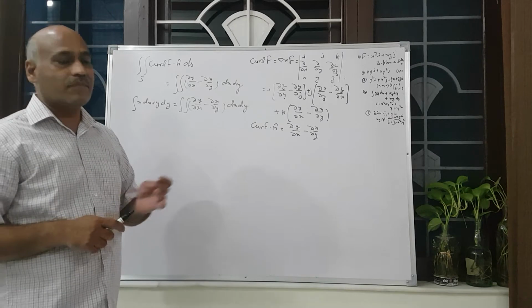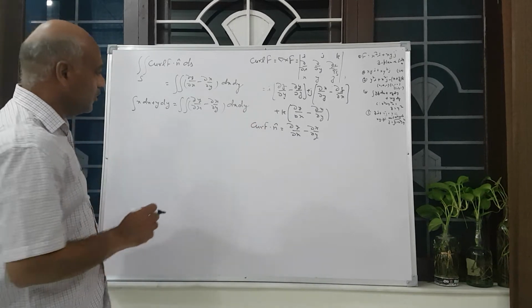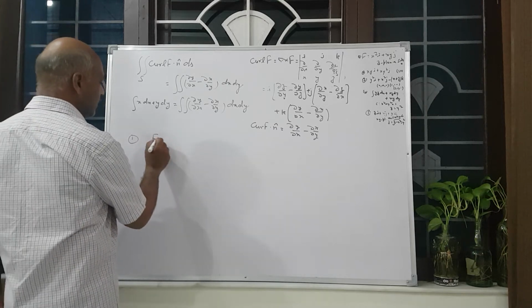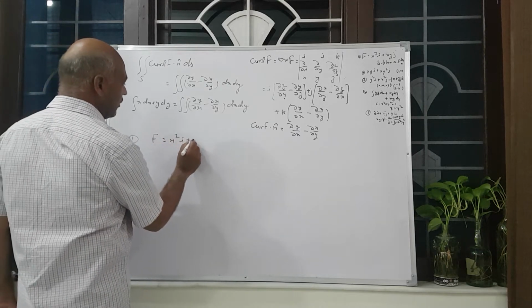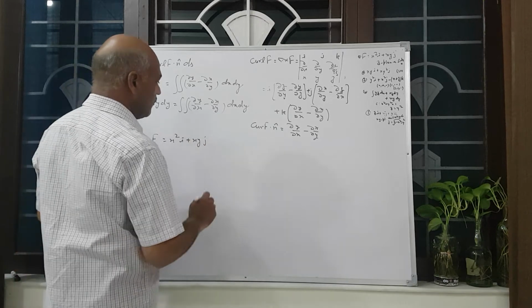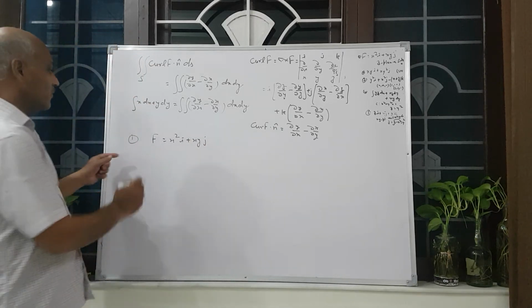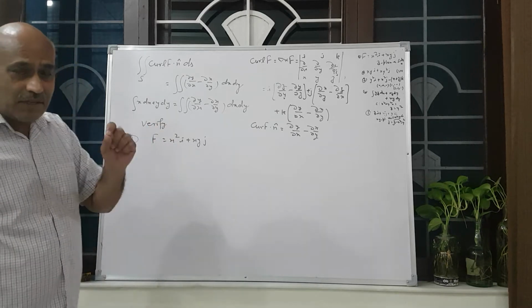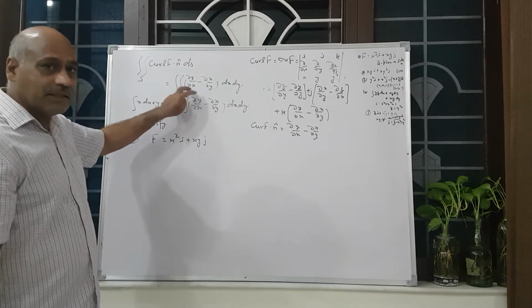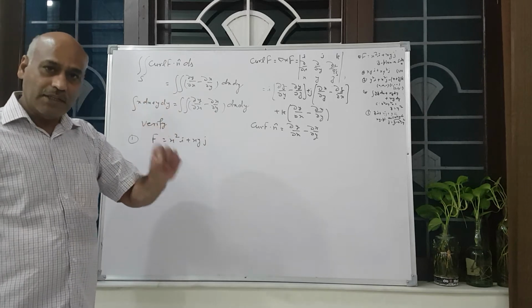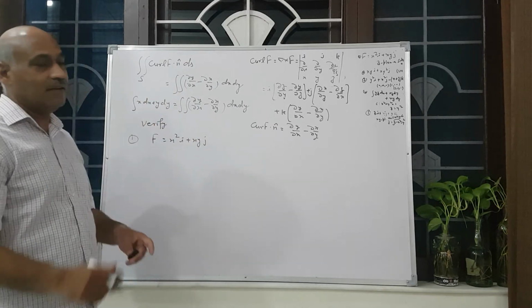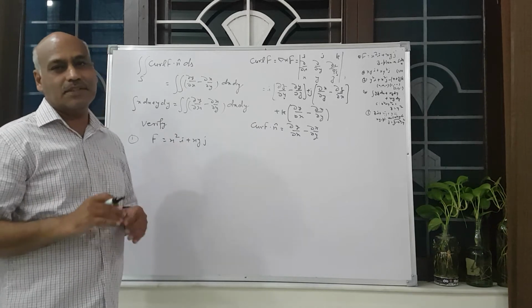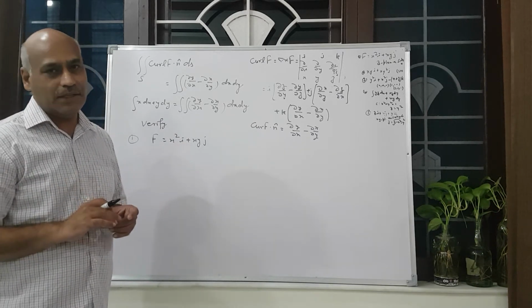Now we do some examples. First we verify. Suppose F is x square i plus xy j. Verify means we have to show the right hand side and left hand side are both equal, so we have to calculate both, F dot dr and curl F dot n cap dS.